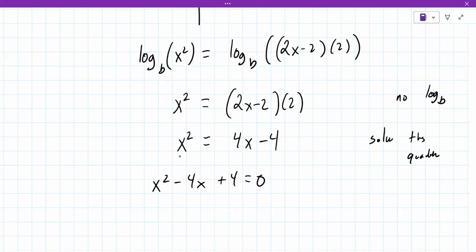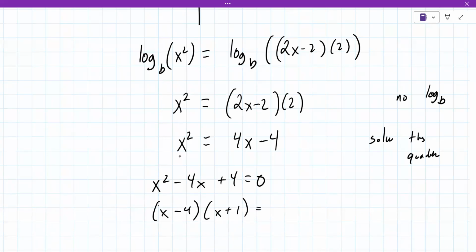Okay, in parentheses, it's going to be x minus 4 in one parentheses, and I guess x plus 1 in the other. Let's write that out here: x minus 4, x plus 1.